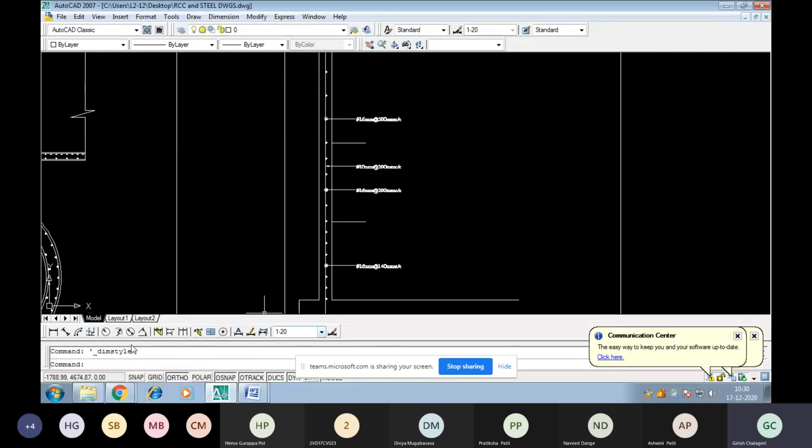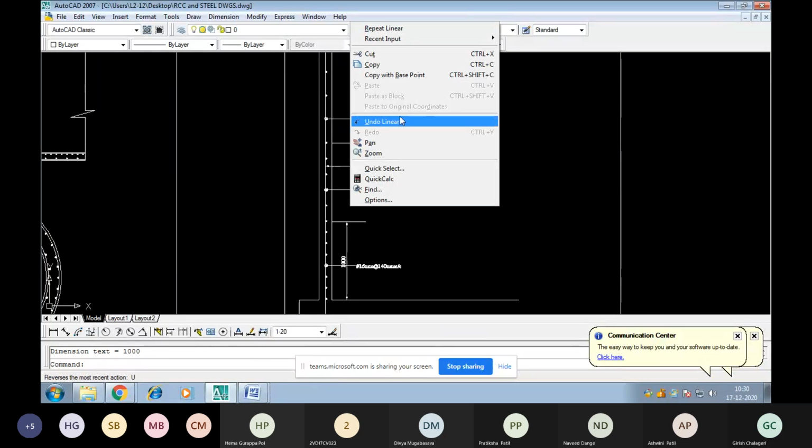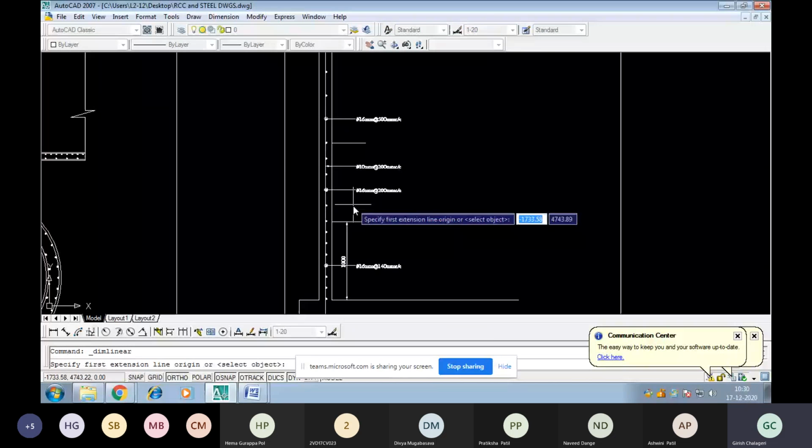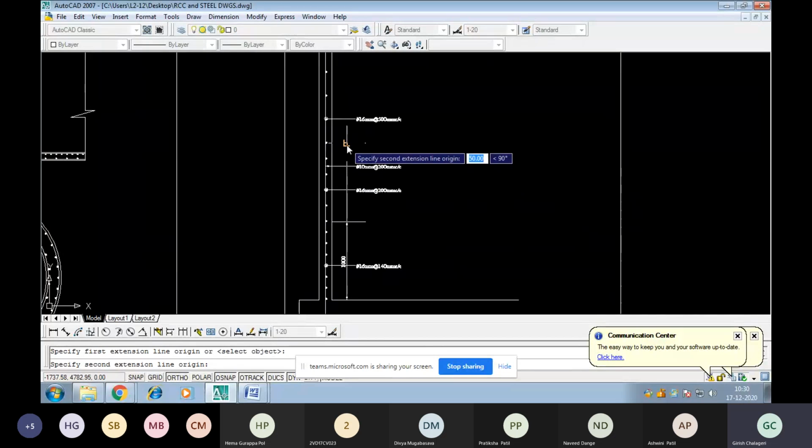So 1:20, if I take, I can get the dimensions like this. This is 1 meter. Yes, this is the second 1 meter. So we can show it like this.